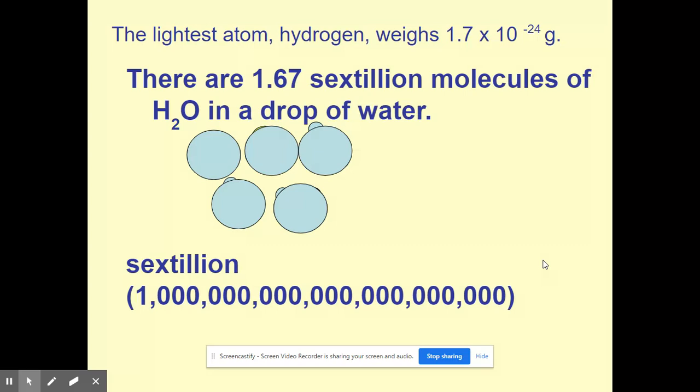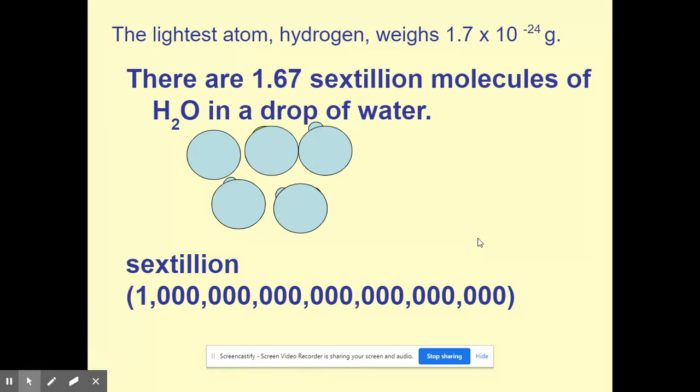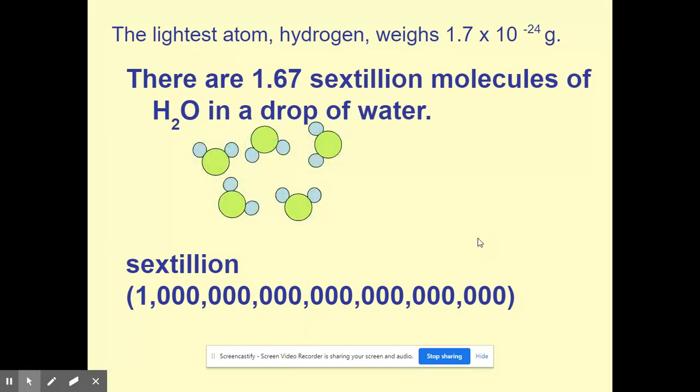Now, when you look at water molecules as a liquid, they're close together, they're vibrating back and forth, but they're actually spread far enough apart where they can slide over one another. If you magnify that more to see what kind of particles make up water, you would see that it's made up of three particles, two hydrogens and one oxygen.